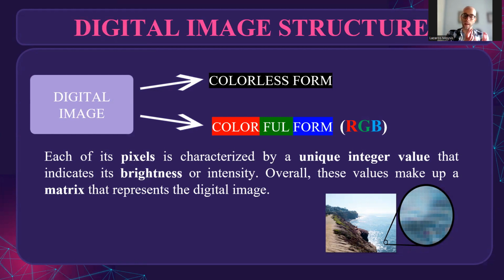If the image is grayscale, it is represented by a single matrix. If the image is colored, so it has RGB scale, it is represented by three matrices. One matrix is the red intensity, one is the green intensity, and one is the blue intensity.